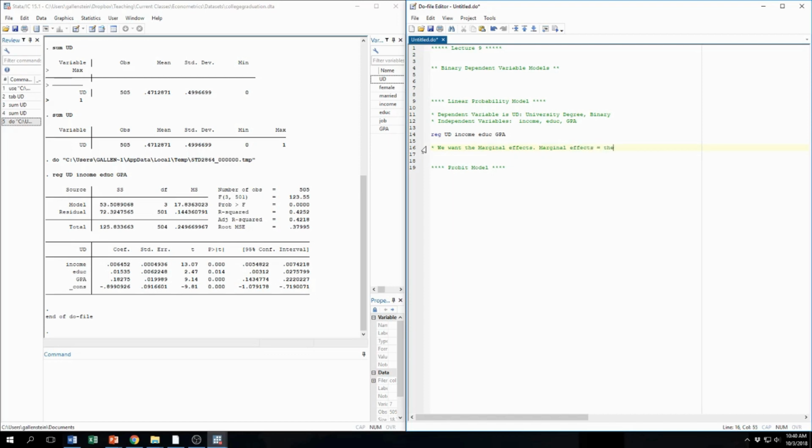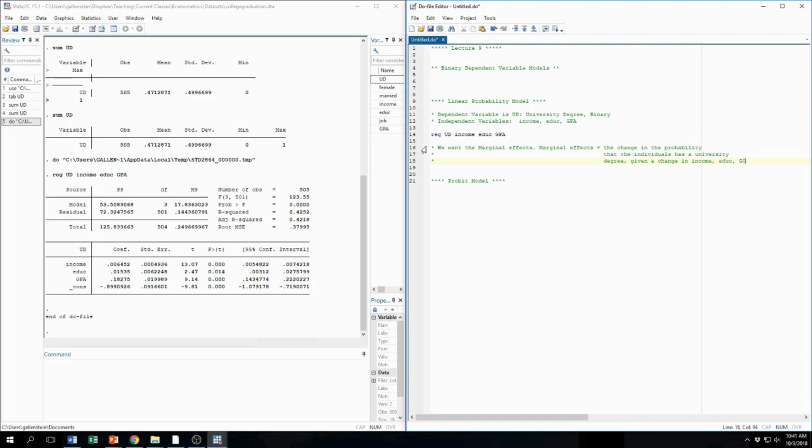Marginal effects are the change in the probability that the individual has a university degree given a change in, what do we have, income or education of the parents or GPA.